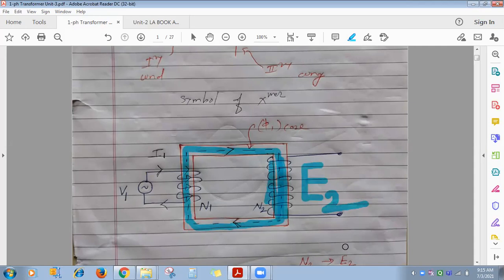Here capital E2 I have denoted, means it's an RMS value of induced EMF in the secondary winding, and we'll derive the expression for that E2. Now here on secondary, E2 is the EMF induced as per Faraday's law of electromagnetic induction, isn't it?